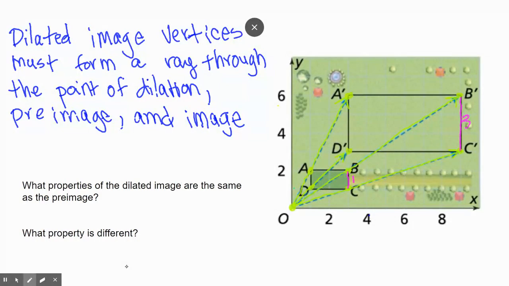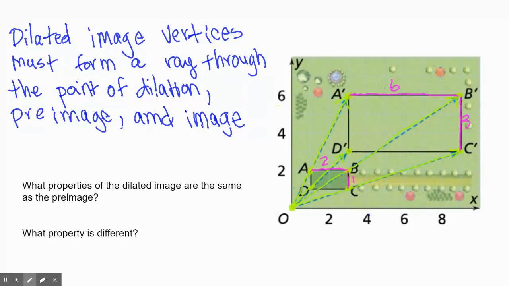And this is a rectangle, so opposite sides will be the same. Also, we have corresponding side A prime B prime to AB. In our pre-image, the length is 2. And as we saw before, in our image, the length was 2 times 3, which was 6.